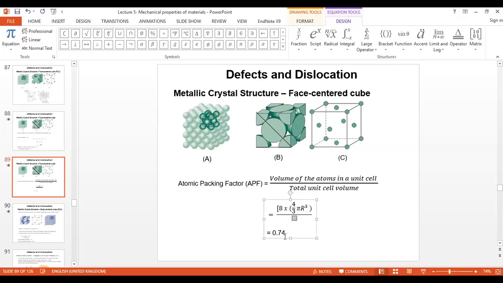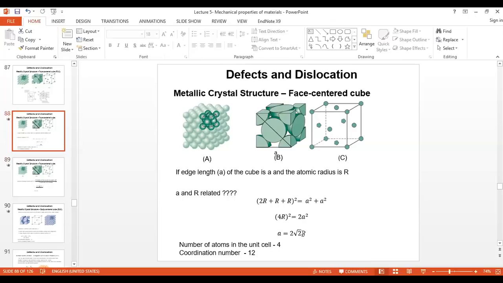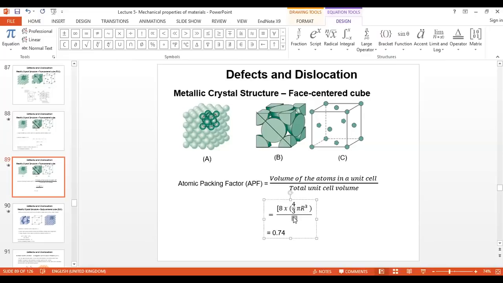Right? To get a numerical value, you can substitute the unit cell volume in terms of atomic radius. That means here A equal to square root 2 R. So you can put it here.